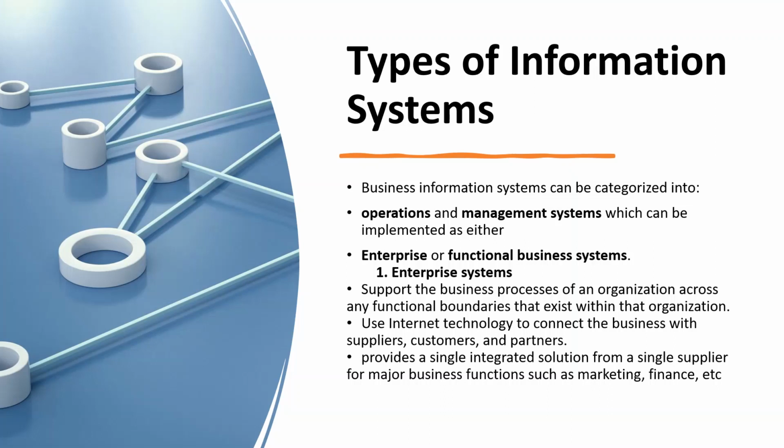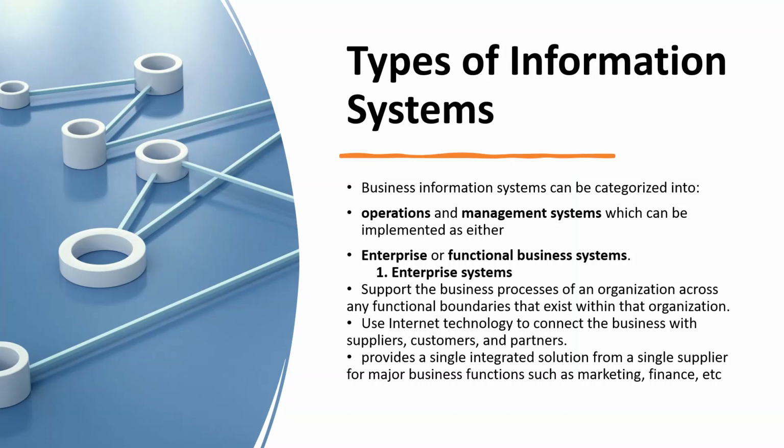So business information systems can be categorized into operations and management systems, which can be implemented as enterprise or functional business systems. Starting with enterprise systems, as the word suggests, they support the business processes of an organization across the various different functional areas of the organization.